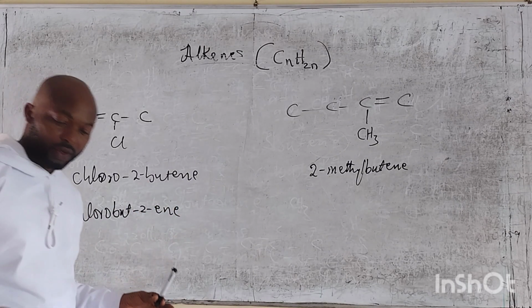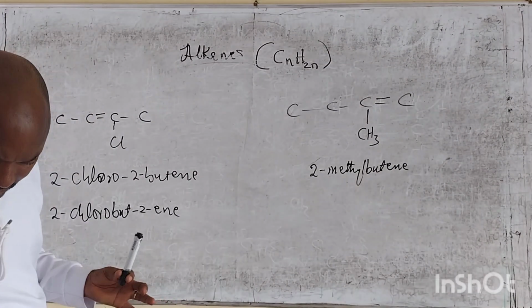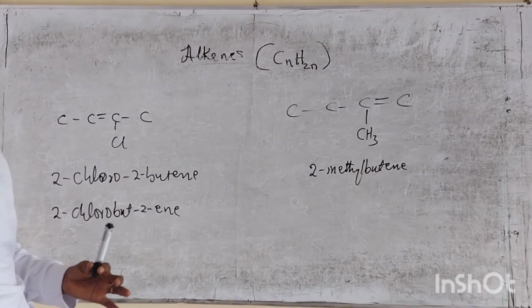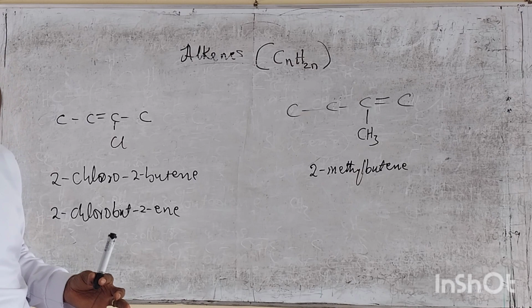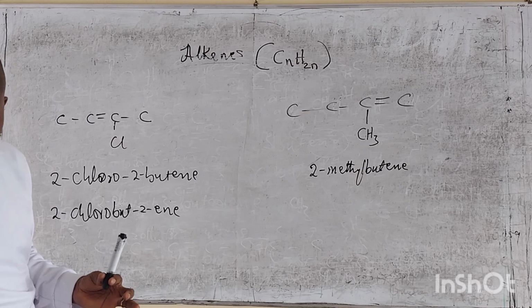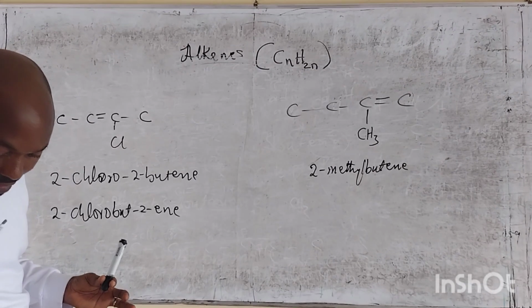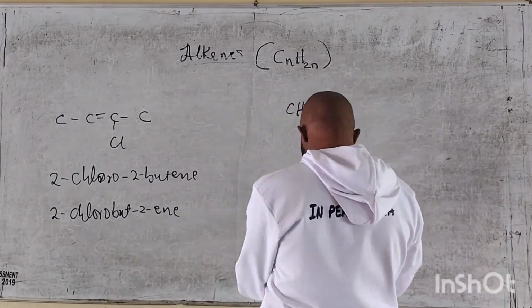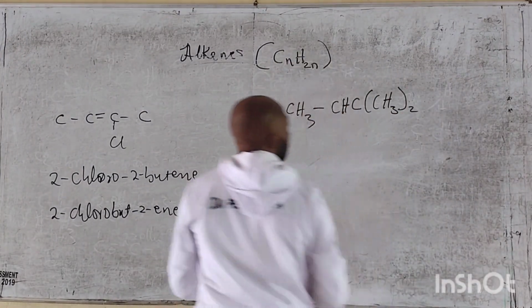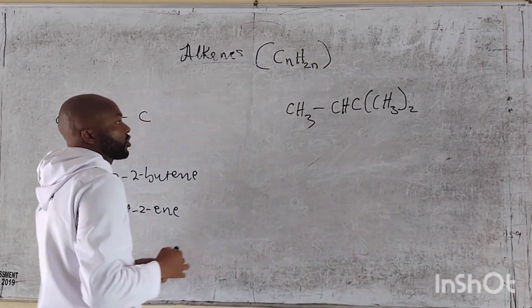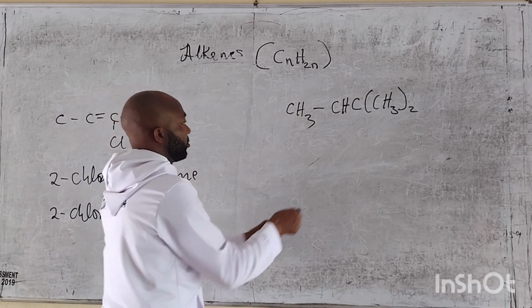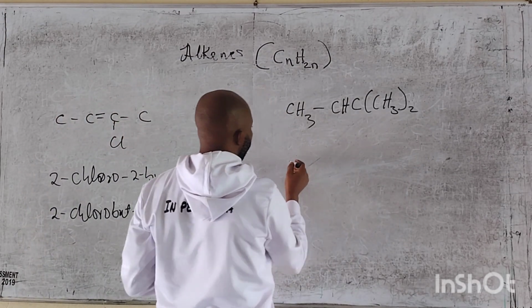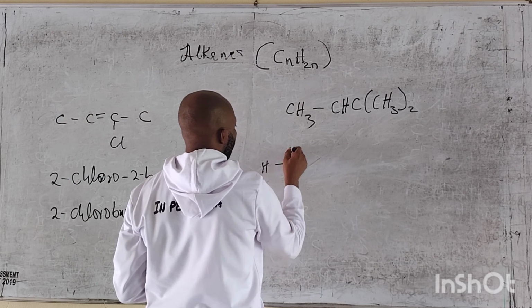Alright? Let's take another one. Write the structures and the IUPAC names of the following compounds. Let's write the structure and the IUPAC names. These are condensed structures that we have to expand. Here is CH3.